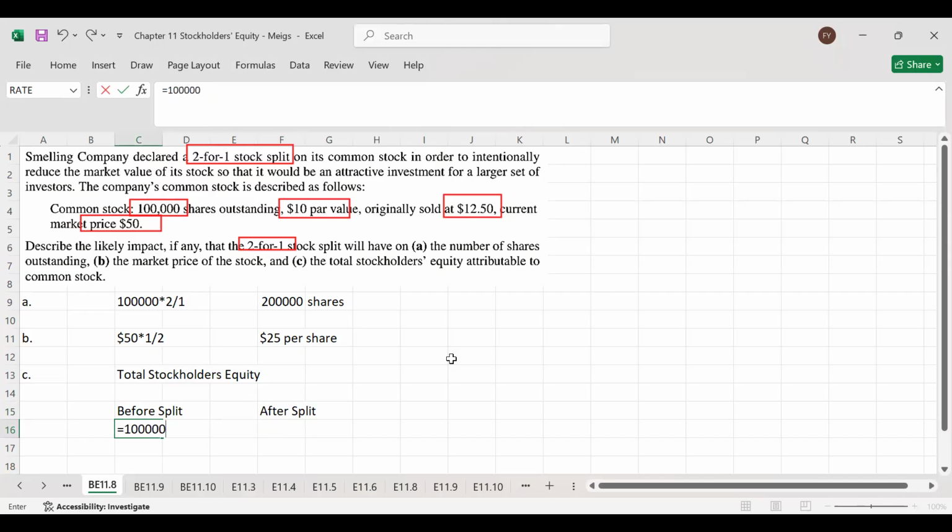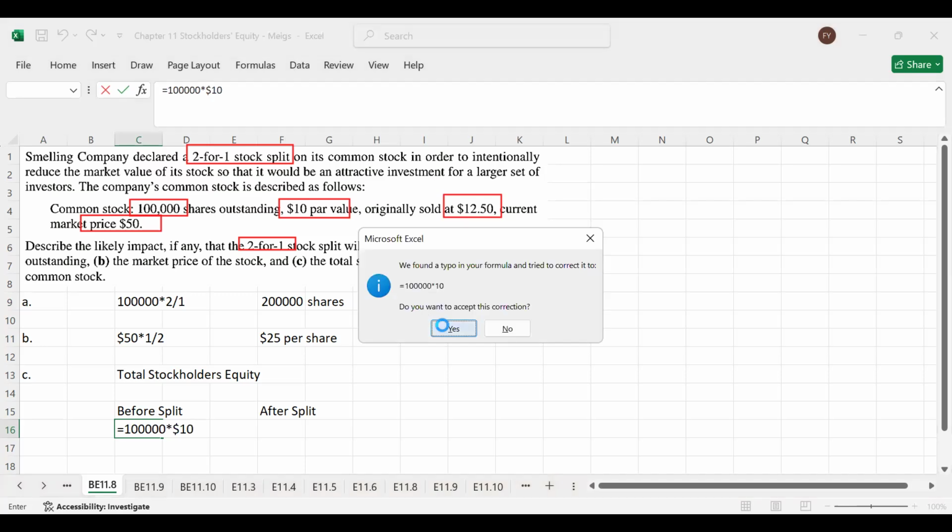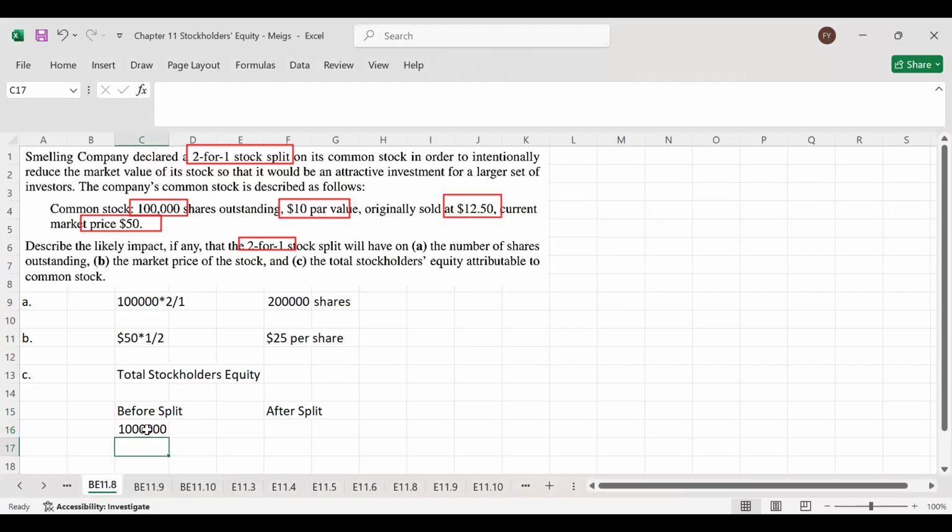Before, we had 100,000 shares. We can compare on the basis of market value or on the basis of par value, and we are going to compare it on the basis of par value. Par value was $10, so $1 million was the value before split.